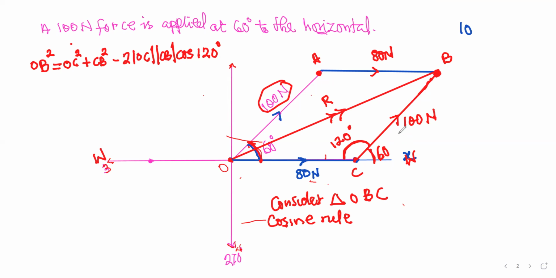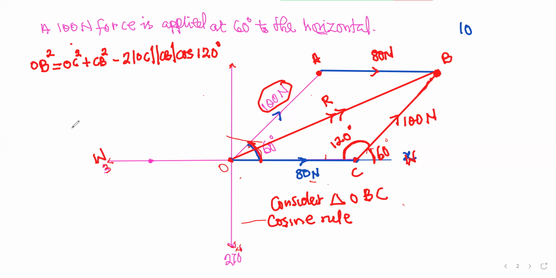So once they are parallel, they will have the same slope. If the slope of this is 60 degrees, then certainly the slope of this must also be 60. That is why we have this 60 here as well. Ella, are you okay? Yes, sir. Thank you.